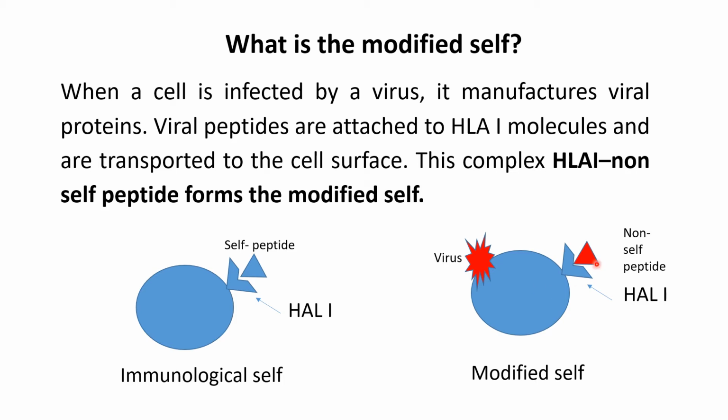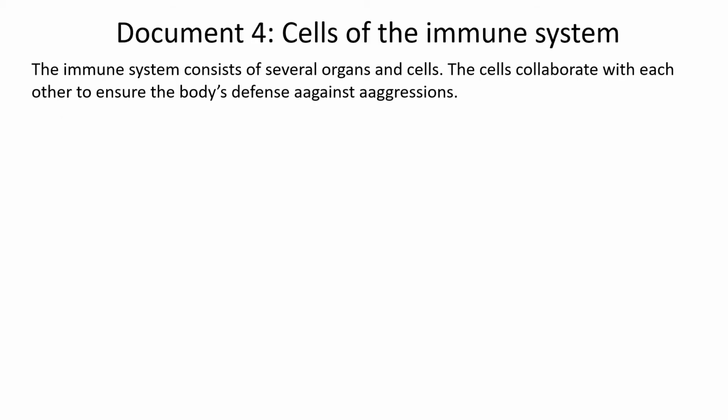The viral peptide, called a non-self peptide, will be bound to HLA class 1 and together will be displayed on the surface of the cell, and thus they form the modified self. Now we're done with Document 3, the non-self.